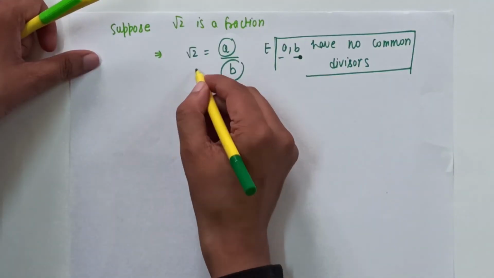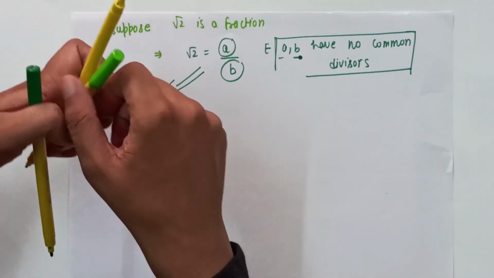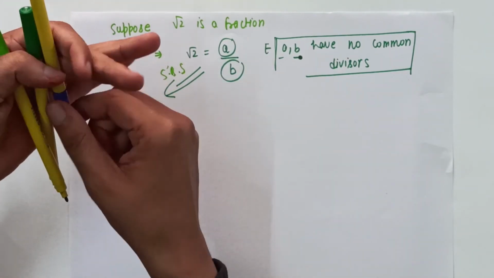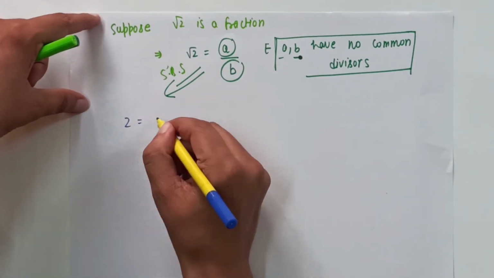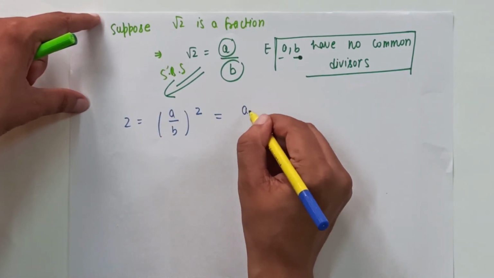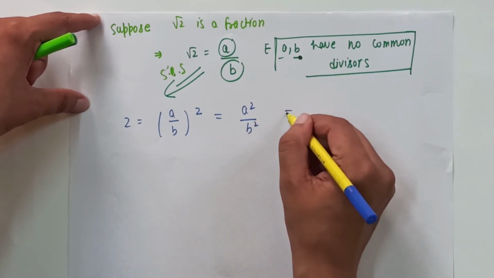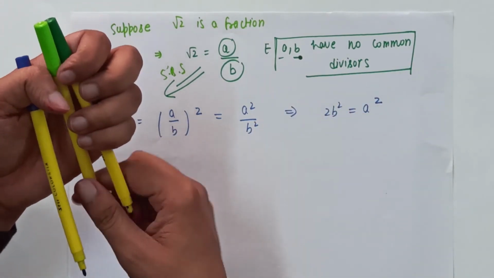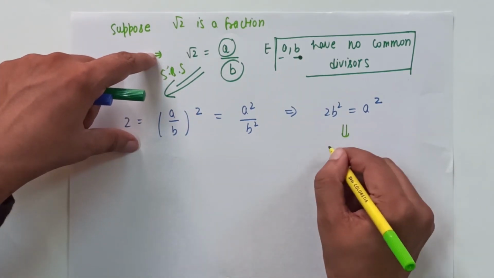So nothing is common between them. Taking this equation and squaring both sides, we get 2 is equal to a square upon b square, which implies 2b square is equal to a square. From this statement we can say that a is an even number.